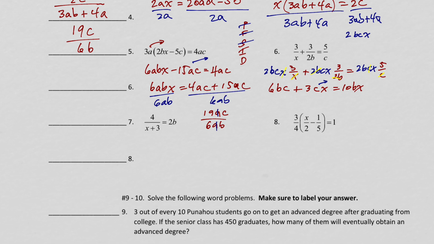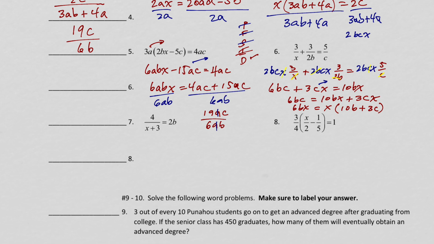So I'm going to move this term over, and I'll get 6bc is equal to 10bx plus 3cx. So now I've isolated. Now I need to continue to isolate by factoring the x. I have 10b plus 3c times x equals 6bc. And now I'm ready to divide.